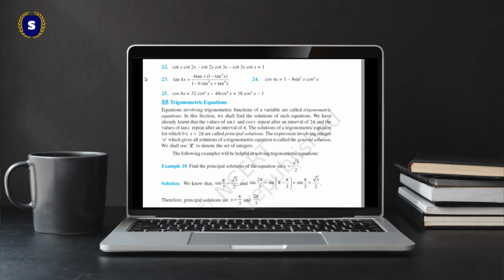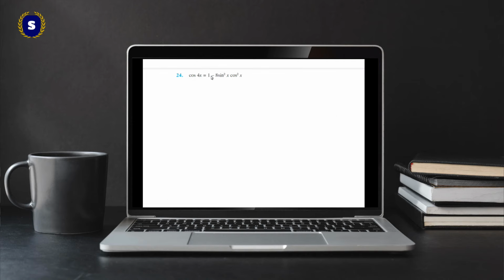That is question number 24. We have to use the same technique. LHS is equal to cos 4x, which is the double of 2x. So now we can use the identity of cos 2x as cos square x minus sin square x.